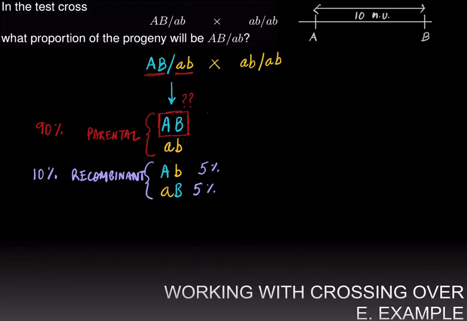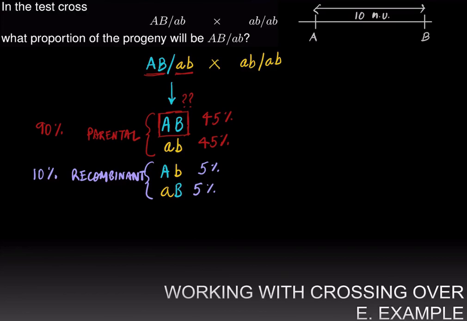And what that means is 45% will have the parental genotype big A, big B, and the other 45% will have the parental genotype little a, little b.